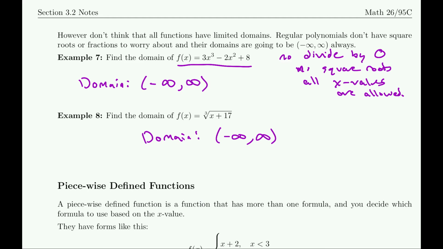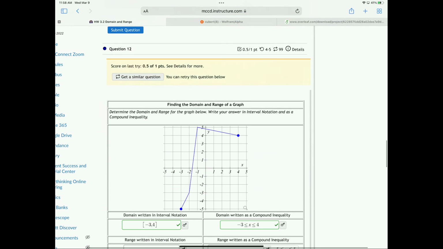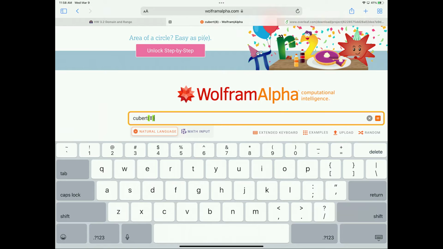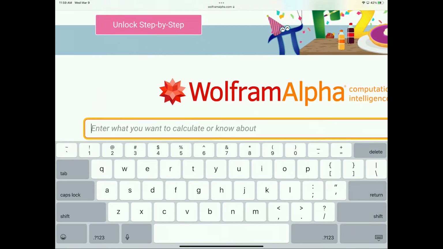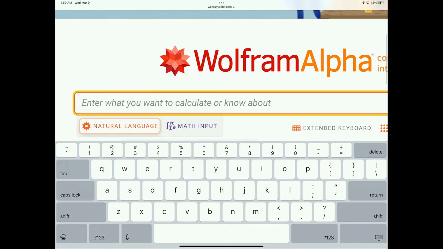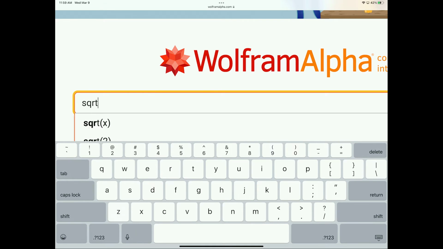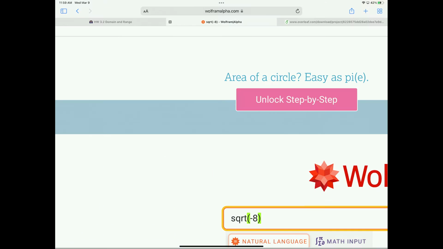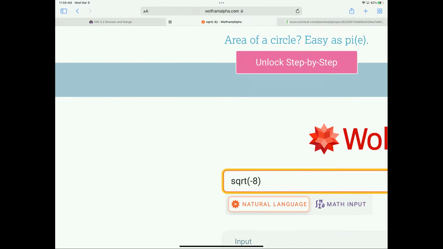Okay. And just to hopefully show you what I mean, if we go back here, let's look at Wolfram Alpha. If I type in a square root, which I can't type in the symbol, but I'll use this as square root on Wolfram Alpha, if I type in square root -8 like this, hopefully it'll tell me some kind of problem.